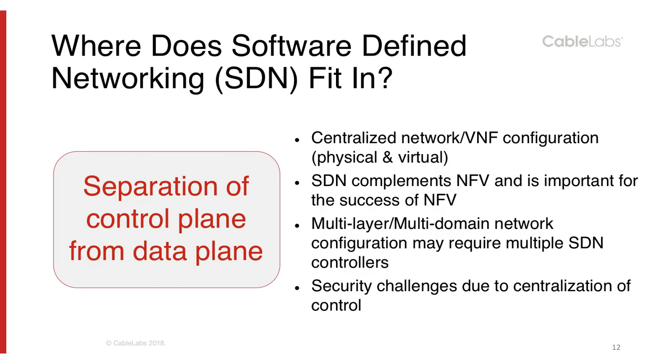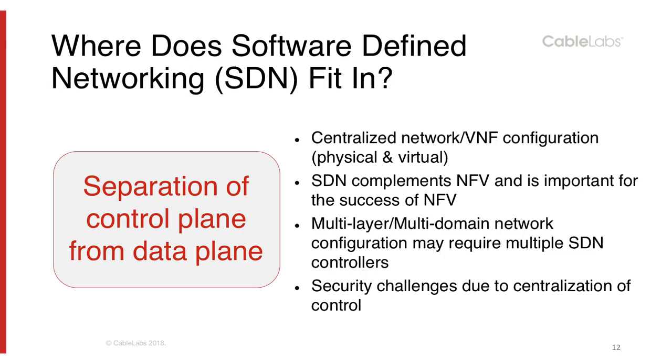So first, the management of the entire network can be centralized, including VNF configuration, and we are talking about physical network and virtual network. So that provides a lot more efficiency, it provides a lot more control. We talked about SDN complementing NFV because NFV ultimately does require networks to connect these VNFs, and that's where SDN comes in. SDN can be fairly complex.